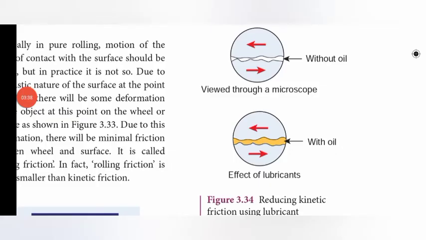For reducing the kinetic friction we use lubricants, which means oil. In the first picture we see any two objects, the parts of the objects viewed through the microscope. Without lubricant it is very difficult for them to work.